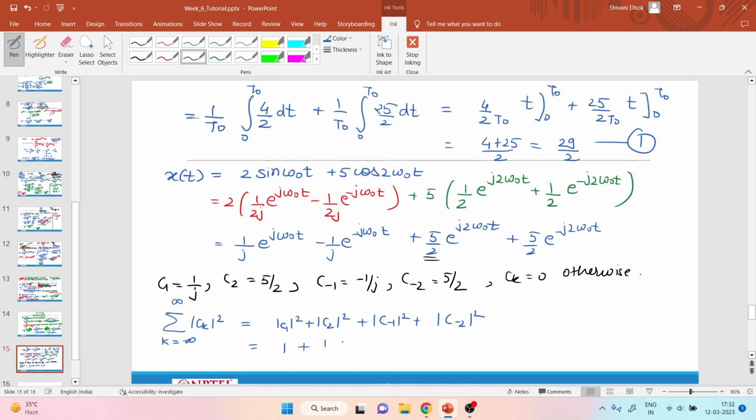Then this is also equal to 1. This comes out to be 5 by 2 square, that is equal to 25 by 4. This also comes out to be 25 by 4. So this is basically equal to 2 plus 25 by 2, which is equal to 4 plus 25 by 2, which is equal to 29 by 2, which is same as what we have obtained here.